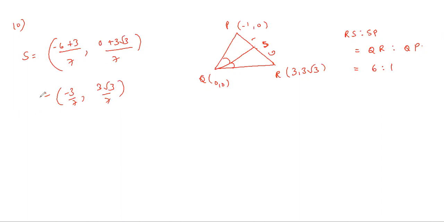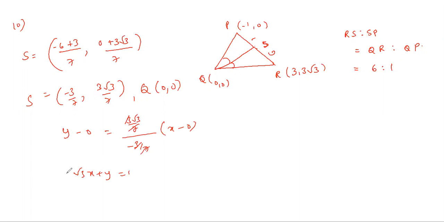This is point S. So to find the internal angular bisector, Q is the origin. Slope point form: y minus y1 equals 3 root 3 by 7 by minus 3 by 7, into x minus 0. So root 3x plus y equals 0. So this is the angular bisector.